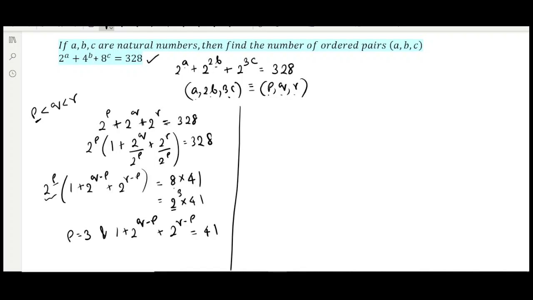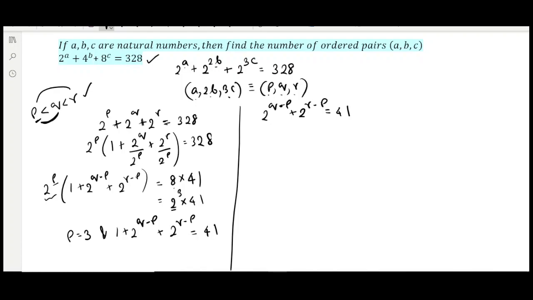If we change it so that q is less than p and less than r, q is the smallest then. Now 2 raised to power q minus p plus 2 raised to power r minus p is equal to 41. Which one is smallest?